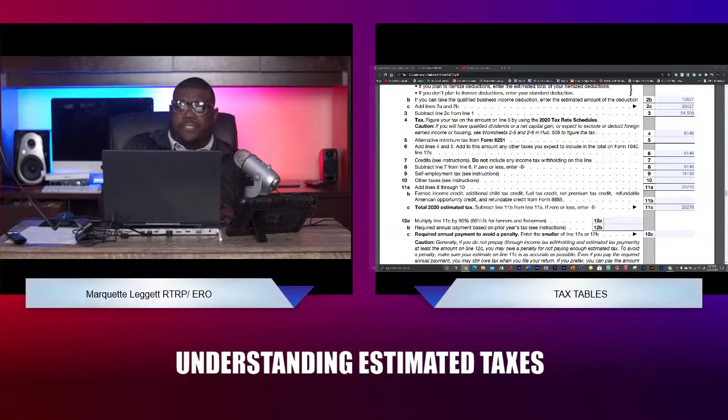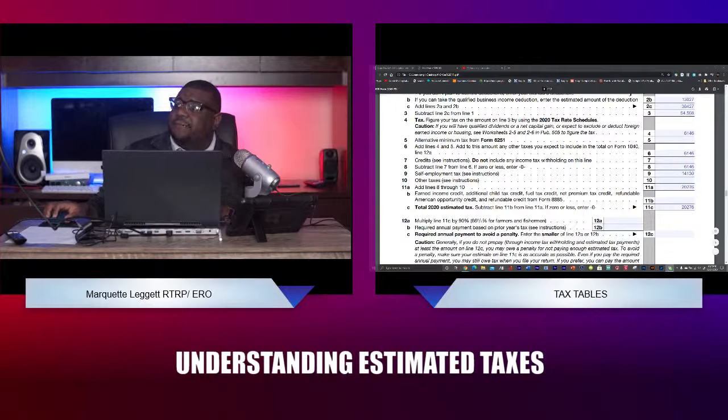So this person knows that next year, if they plan on making $100,000, their total estimated 2020 taxes will be $20,276, minus any other credits and deductions that they can bring in and acquire. Now we can use this form to put in the deductions, as well as to write some things in.